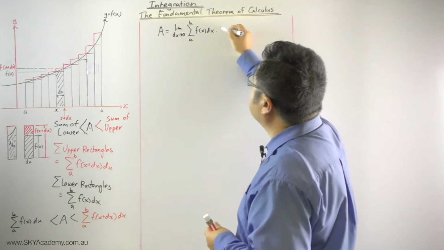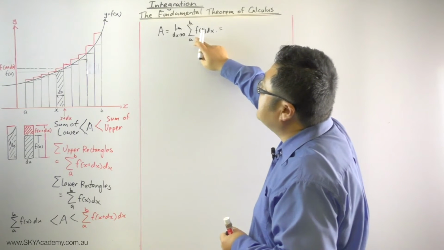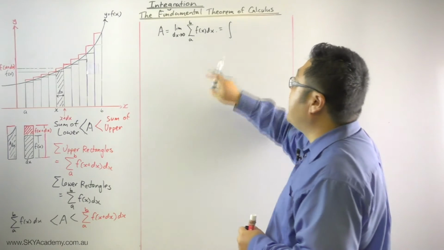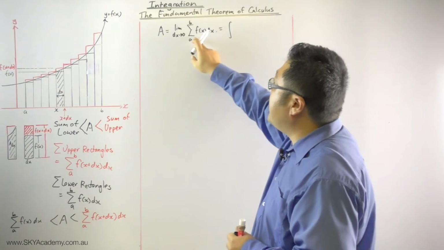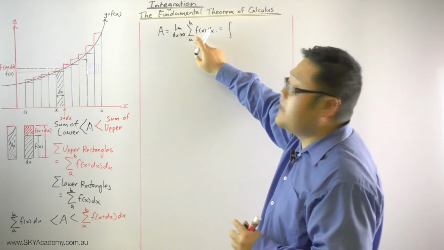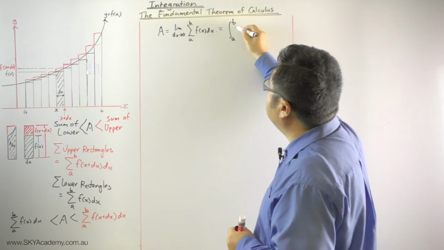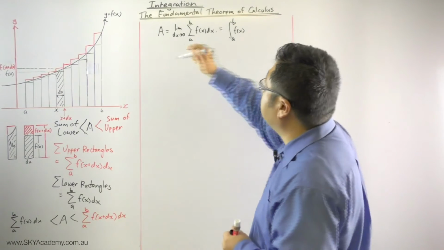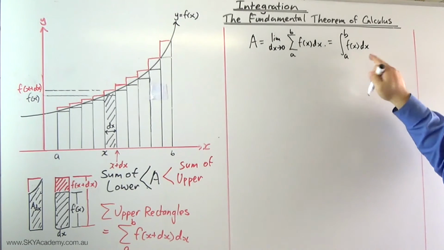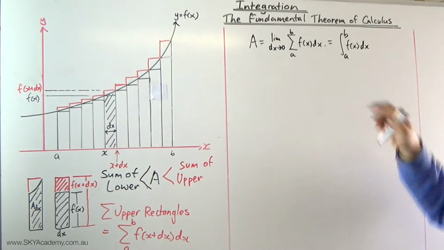Another way of writing this is to replace the sum with the integral sign, which just assumes that we are finding the sum, from A to B of f of x, which is the function of the curve, times dx, which is the increment, the width of the little tiny strips.